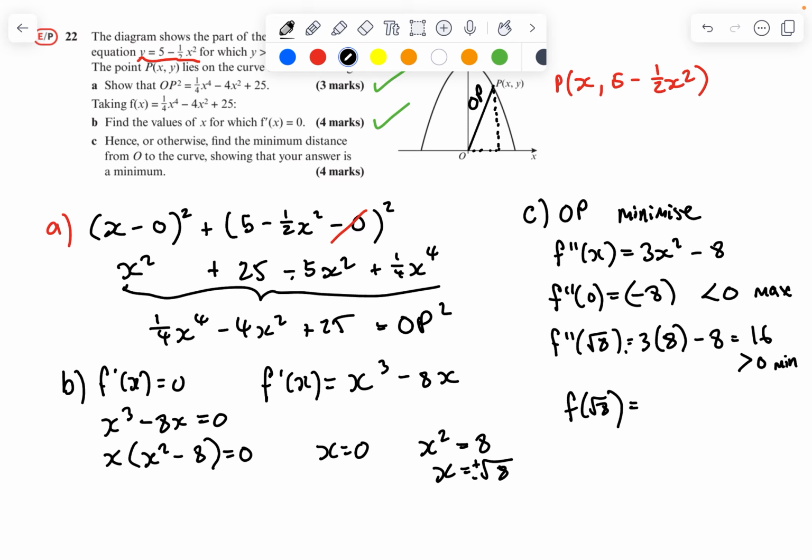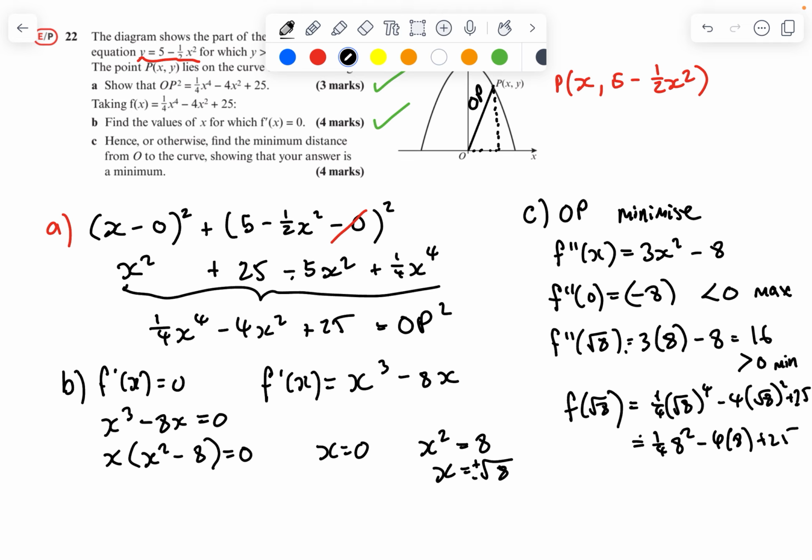OP squared is a quarter times the square root of 8 to the power of 4, minus 4 times the square root of 8 squared, plus 25. The square root of 8 to the power of 4 is a quarter of 8 squared, minus 4 times 8, plus 25.